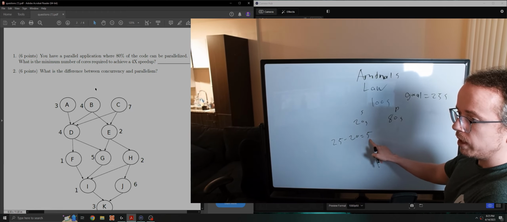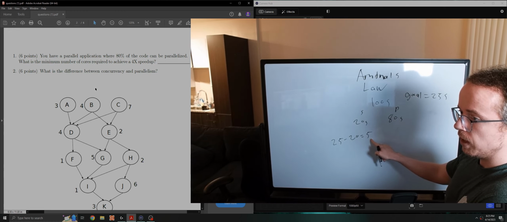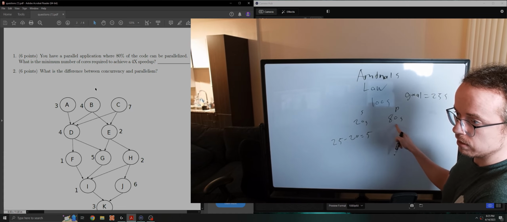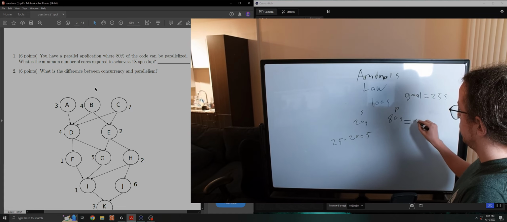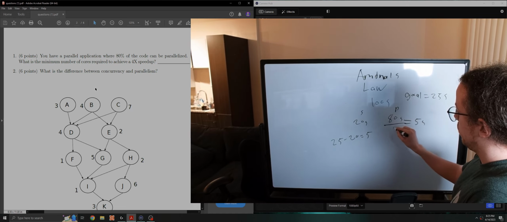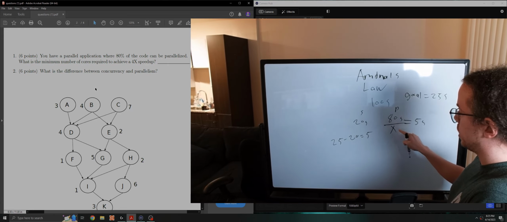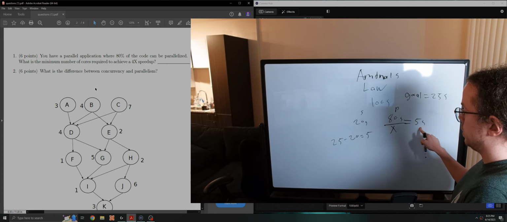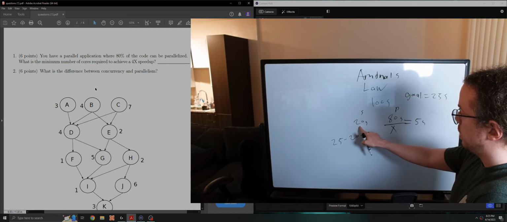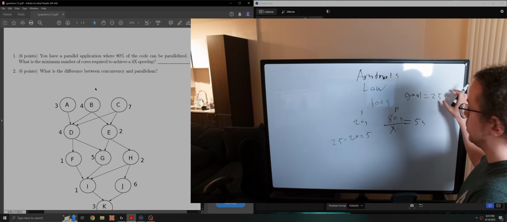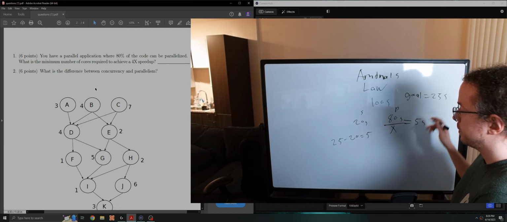That means we need to get 5 seconds. We need to find a way to turn 80 seconds into 5 seconds. We need to solve for x. What is 80 divided by what is 5 seconds? Because 20 plus 5 is 25, which is 4 times faster than 100.